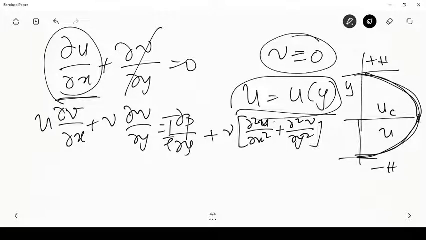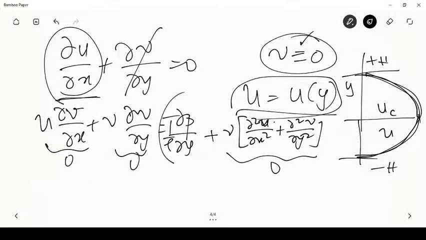This is my v momentum equation. Now that v has identically become 0, its x gradient as well as y gradient and second gradient, third gradient, everything becomes 0. So this is 0, and del v by del x is also a 0, and this is also a 0, which basically means del p by del y becomes a 0.